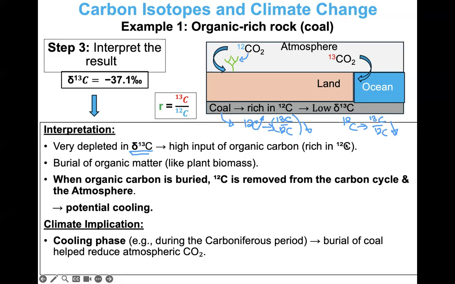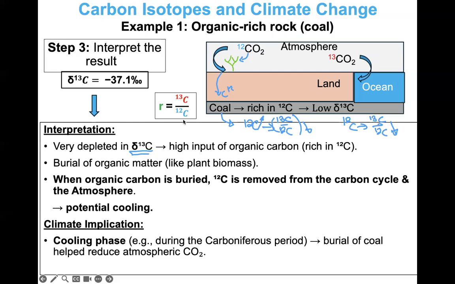That's what it means. Depleted delta 13C simply means you have a loss of this C12 right here. Buried organic matter like plant biomass will carry this C12 with it, so you have more C12 in coal. And this means delta 13C will be lower.